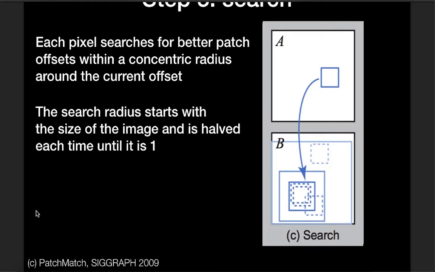you go to every pixel in the image and you say, okay, let me check randomly in the space. I'll just take a random guess and check whether this patch is closer or not, and you do it at an exponentially decreasing scale.